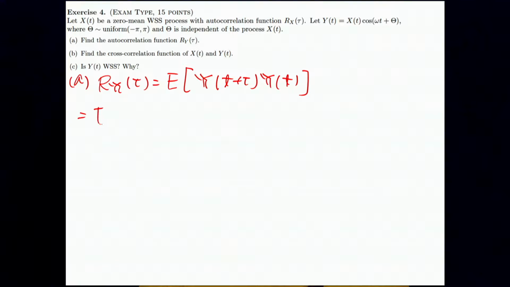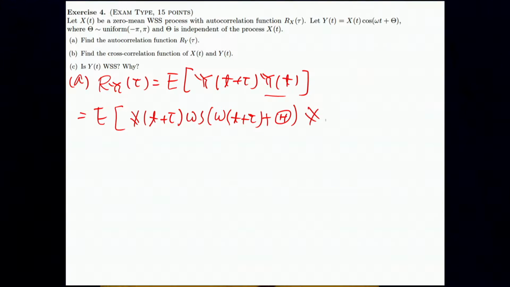And since Y equals X times cosine, we substitute: X(t plus tau) cosine omega (t plus tau) plus theta, and Y(t) is just X(t) cosine omega t plus theta.